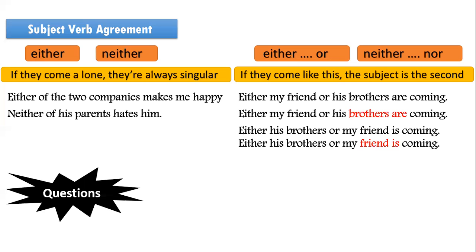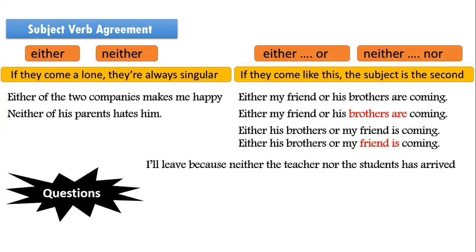Questions? Look at this sentence here. Is it correct or needs some change? I leave because neither the teacher nor the students has arrived. Is it correct as it is? It needs some change. What kind of change does it need?